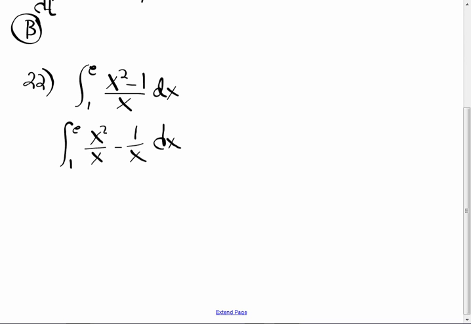Is that okay? Because you can't do a U substitution. It's not going to work. I always divide if I can. If you let u equal x squared minus 1, then du is equal to 2x dx. I have x dx. I don't have x dx. I have 1 over x dx. No, it's not the same thing.